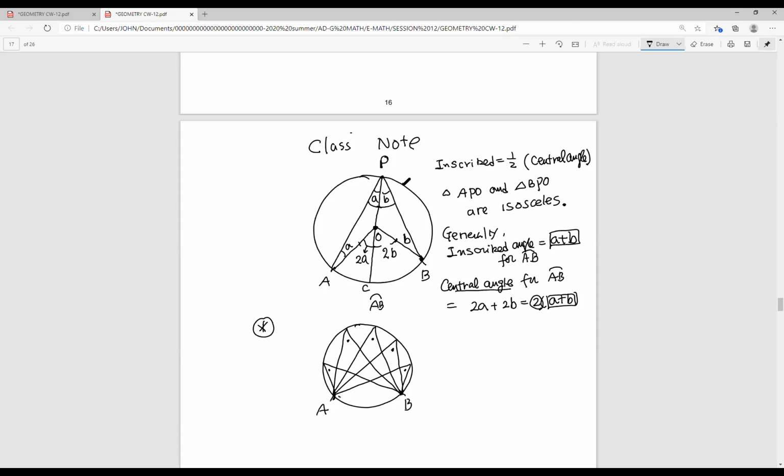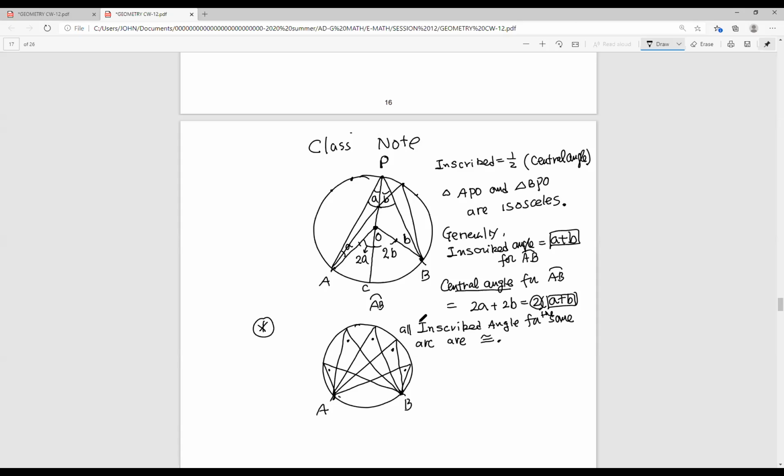It can be over here, it can be here, it can be here, right? It doesn't matter. They are all half of the center angle, okay? So another theorem is inscribed angles for the same arc are congruent. Okay, that's the rule.